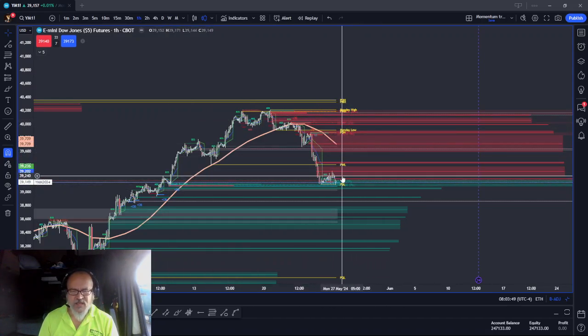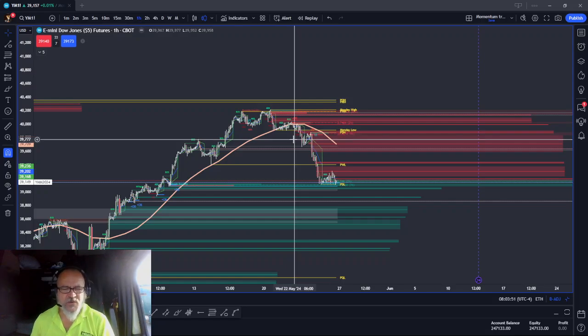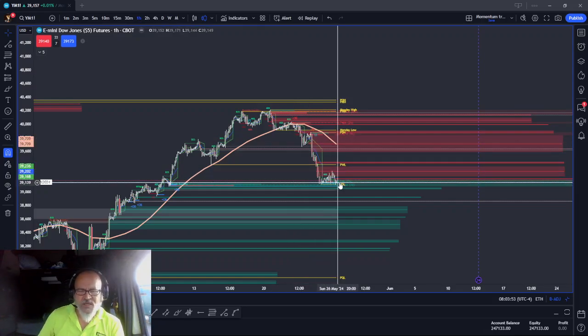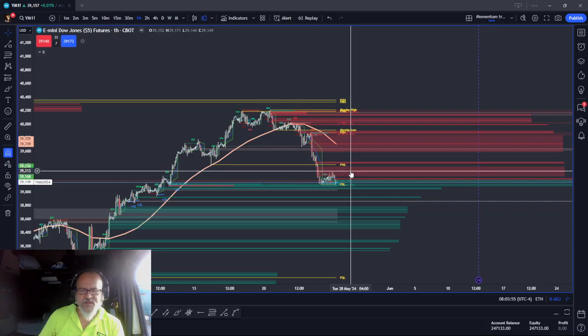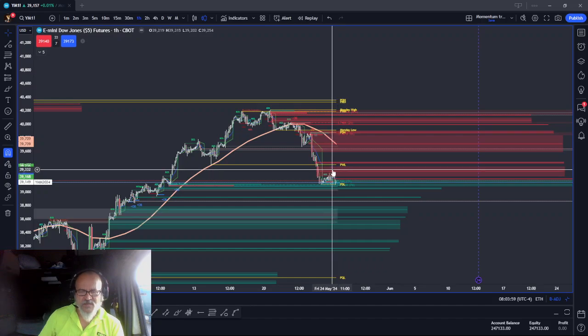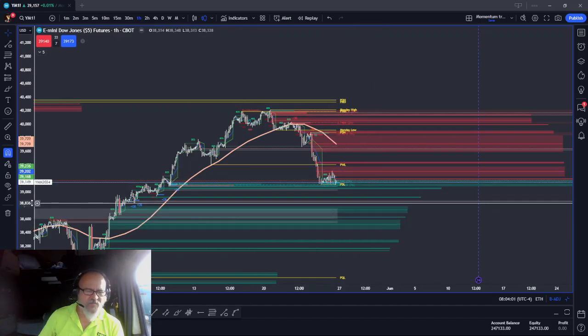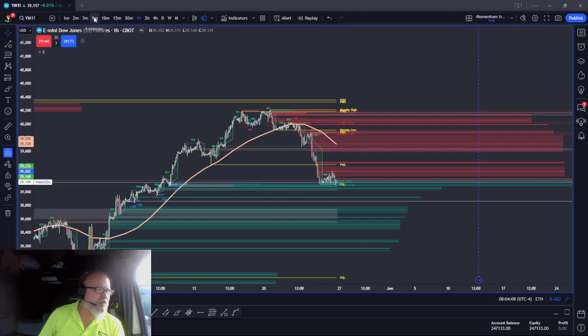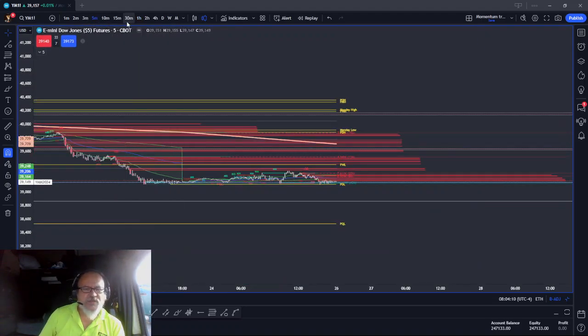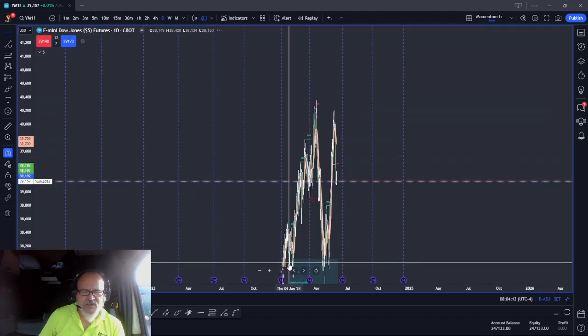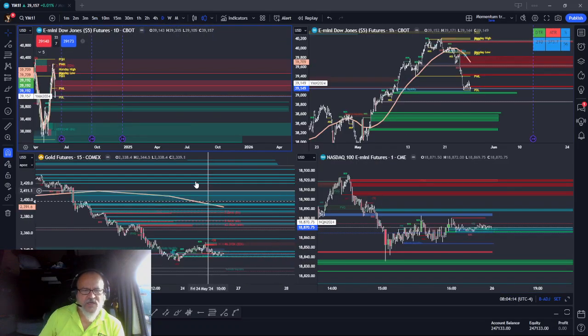But I do expect that lower time frame buy side to happen first. Like I said, maybe come and grab this liquidity and then roll over. But we'll see. So that is pretty much it, we'll put this back on the daily since that's the daily chart up there.